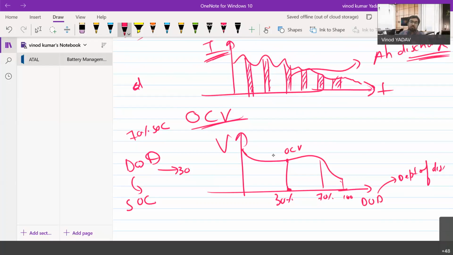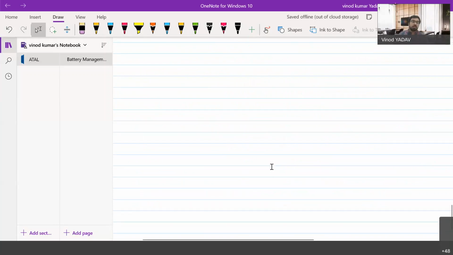So we have to look at this open circuit voltage, and with it we count the Coulomb strips and calculate the amount of charge that has flown from the battery.